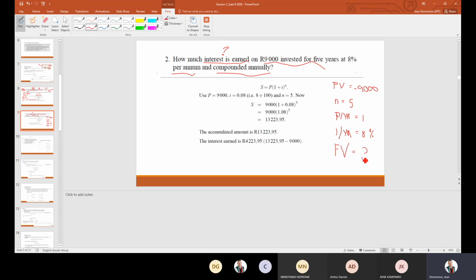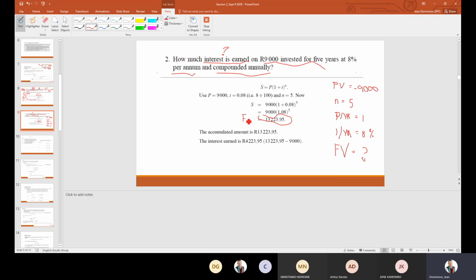So if you want to quickly test that on your calculators, the negative 9,000 will be your present value, it will be 5 years, once a year, 8% interest. And the future value that I get is 13,223.95. So I do get that.